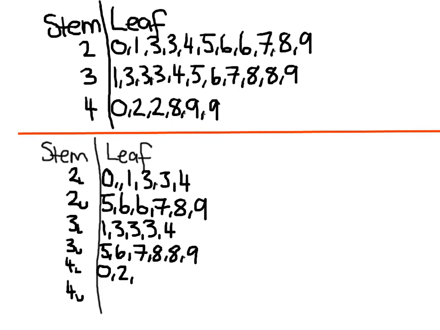You'll notice that my stem and leaf plot isn't the neatest, and when you're working in your book you can probably do a much better job than I can, and I've already made a mistake. I've almost put an 8 in the lower group. So you'd be able to do a much better job in your book because you'd be able to use a ruler. It's a bit tricky when I'm drawing with my finger.